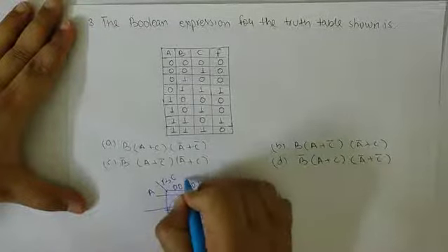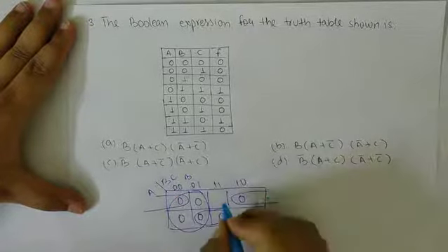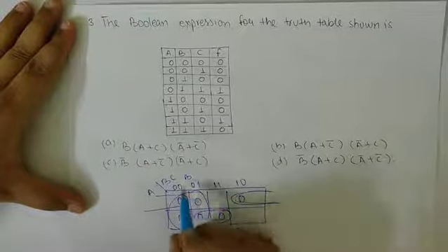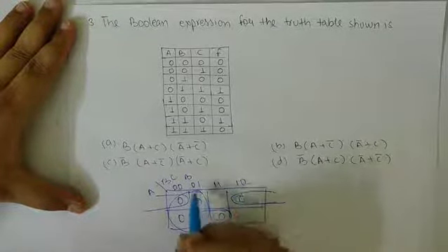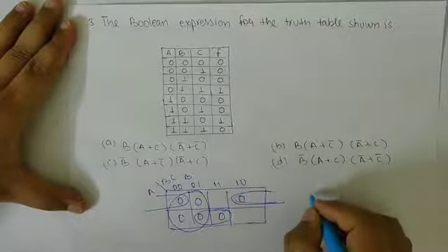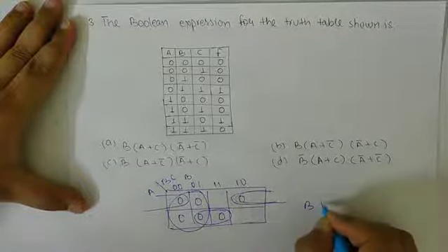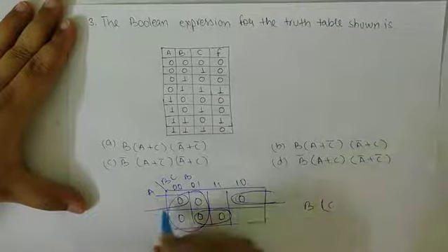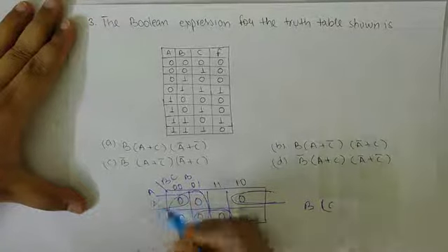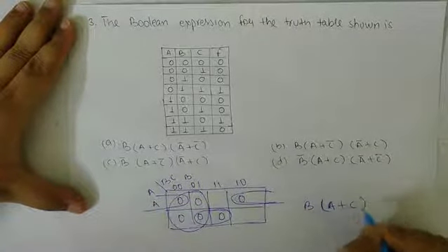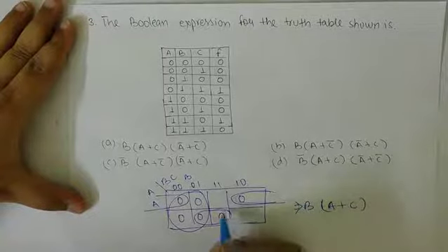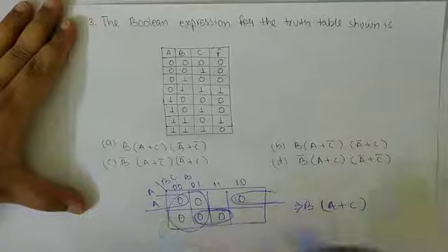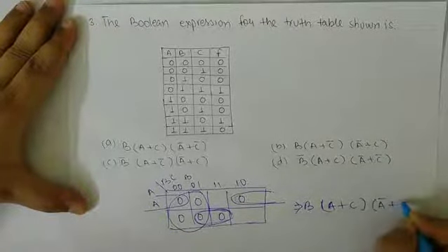because in POS form 0 is represented by B, and this one will be C, B bracket C, and this is A plus C, and the last one, this one is C bar, and here A bar plus C bar.